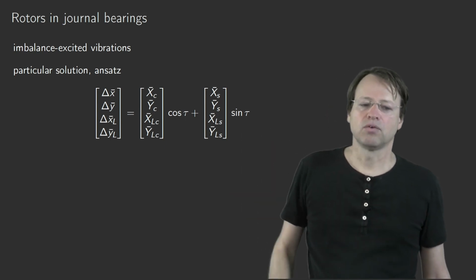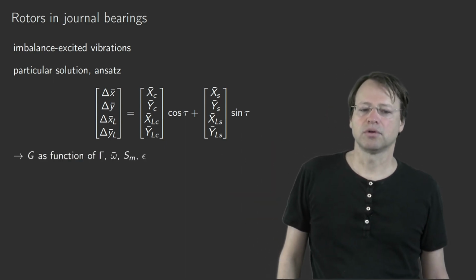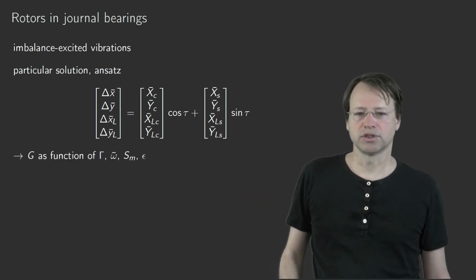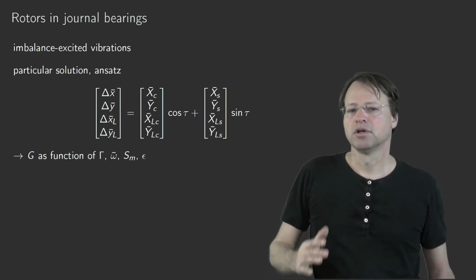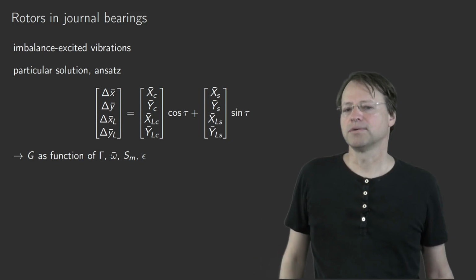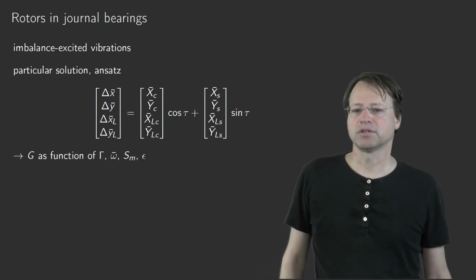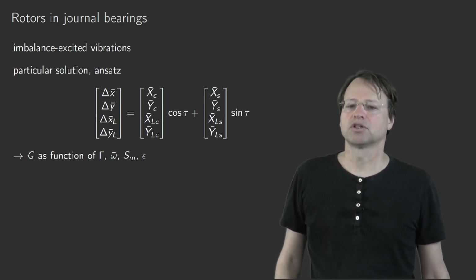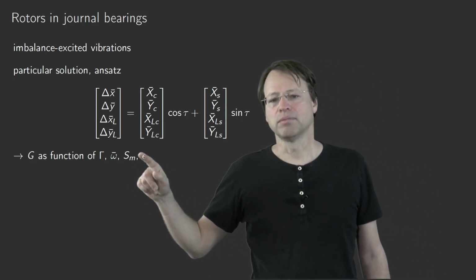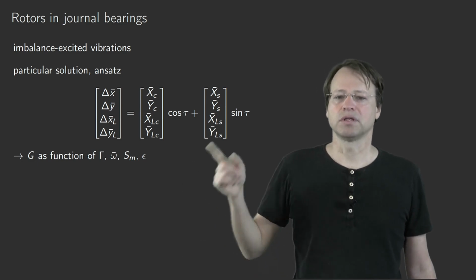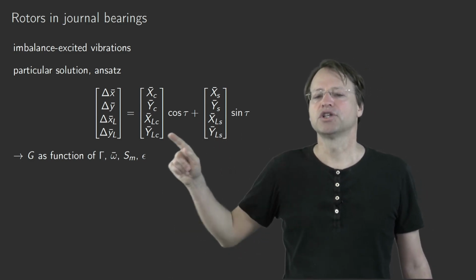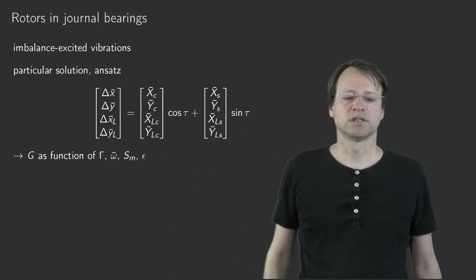From this we can then infer G, which is the most important parameter for us, the radius of the longest direction of that ellipse. And this is now a function, as before, of omega bar, Sm, and epsilon. Again, epsilon refers to the imbalance, and there is the additional parameter of interest for us, gamma.